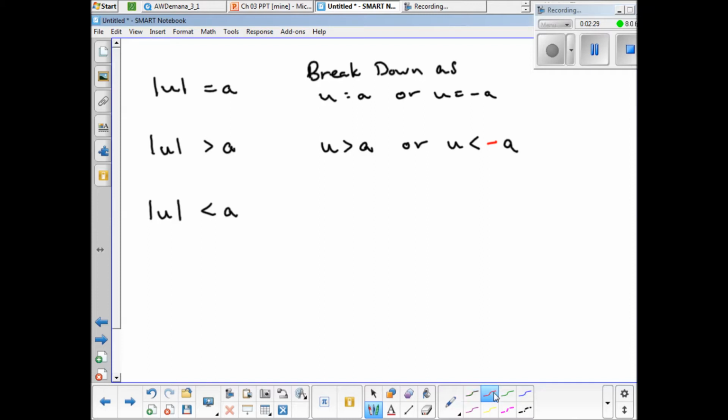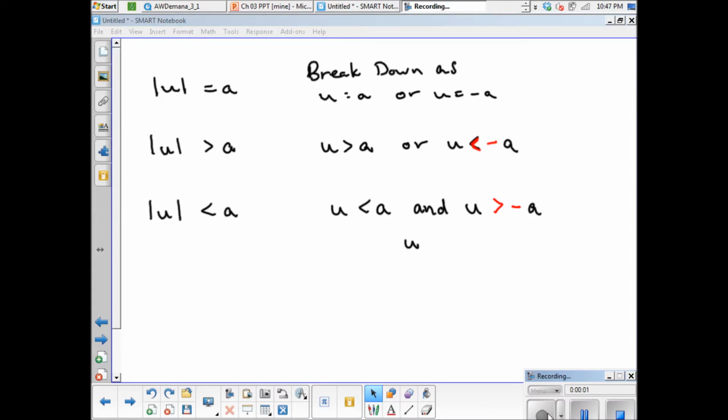Notice the opposite sign there. This is a less than and a negative. In the third case, you can split this into u is less than a and u is greater than negative a. And this last one is convenient because it can actually be consolidated into a combined inequality.